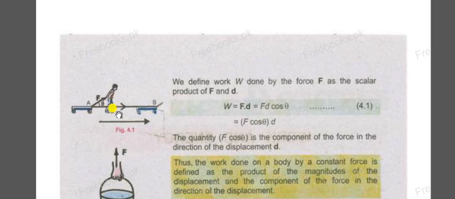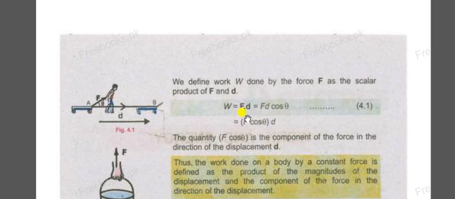So work will be d times the component of force along d, which is Fx or F cos theta. So mathematically we may write work W is equal to Fd cos theta, where d is the magnitude of the displacement and F cos theta is the component of force along d.